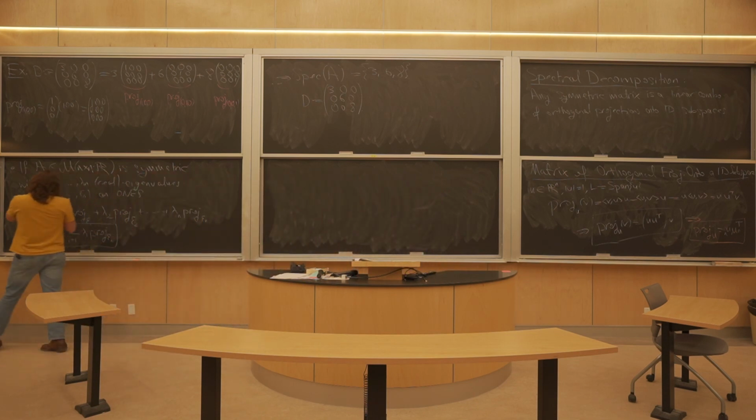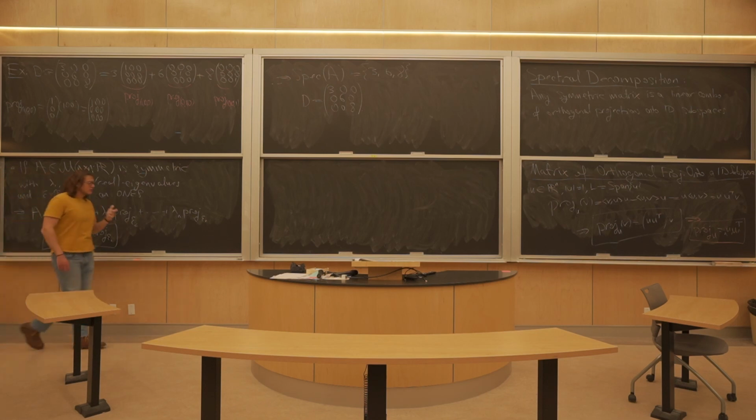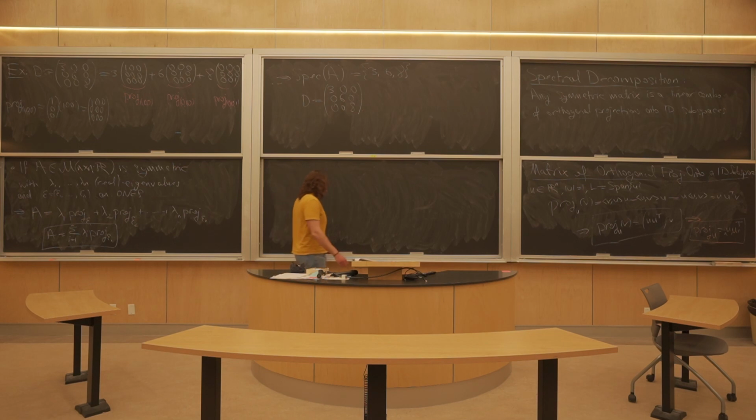So if I'm in this situation, and I put epsilon 1 to epsilon n as the columns of a matrix Q, now I have this orthogonal matrix. And I have the diagonal matrix, which is lambda 1, lambda 2, dot dot dot, lambda n. And the spectral theorem tells me that A equals Q D Q transpose.